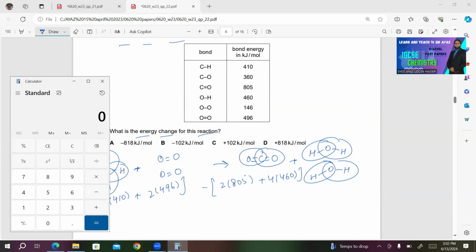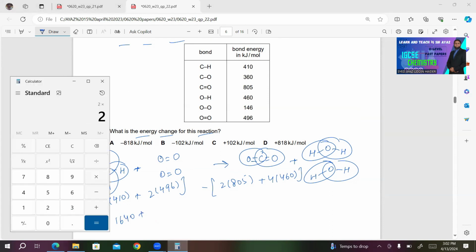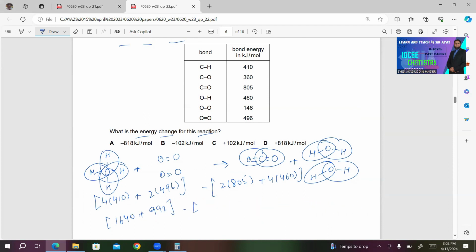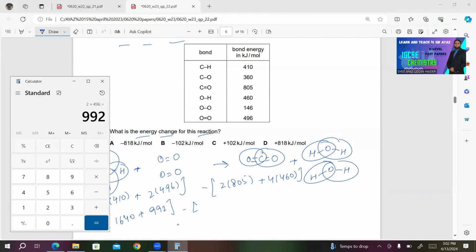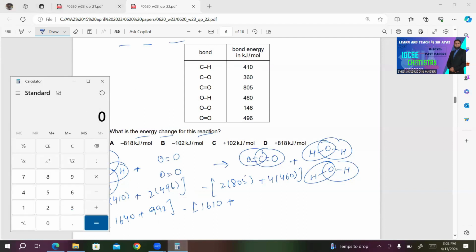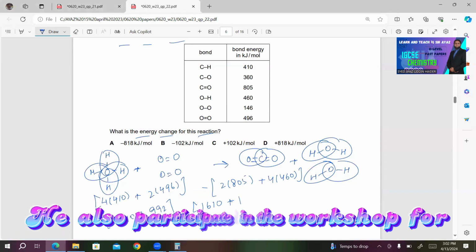4 multiplied by 410 is 1640, plus 2 multiplied by 496, 992, minus 2 multiplied by 805. We'll get 1610, plus 4 multiplied by 460, 1840.